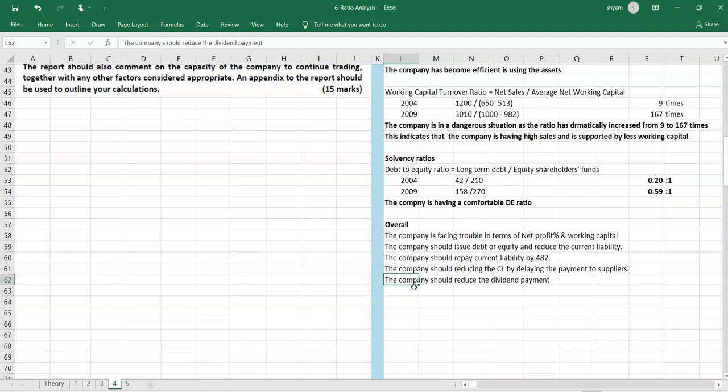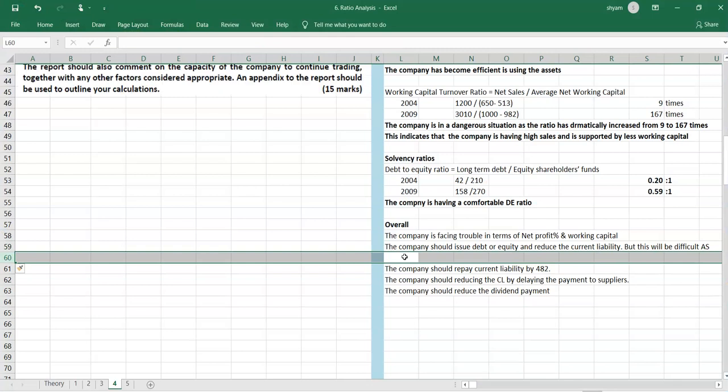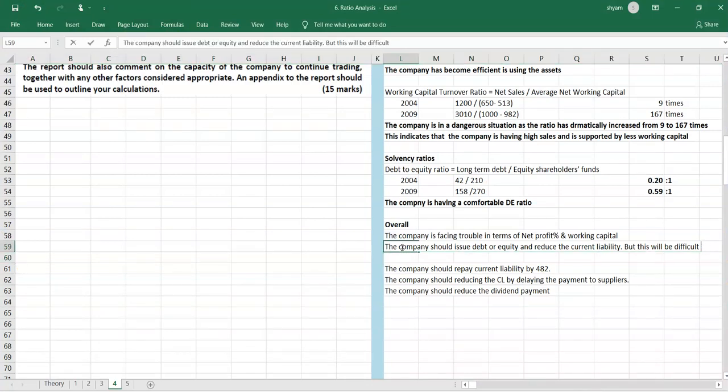See, the problem here is that this will be difficult as the company has less profit to pay as interest.